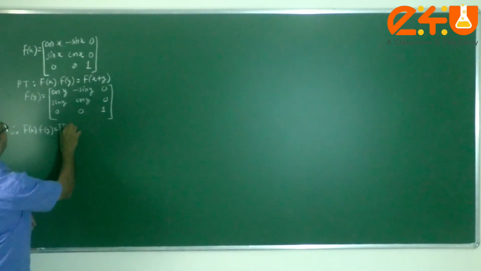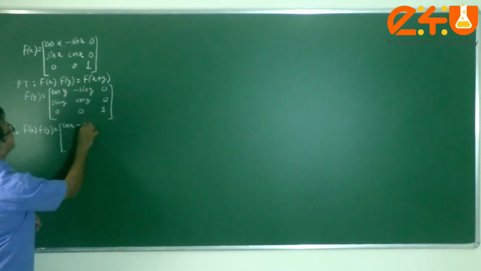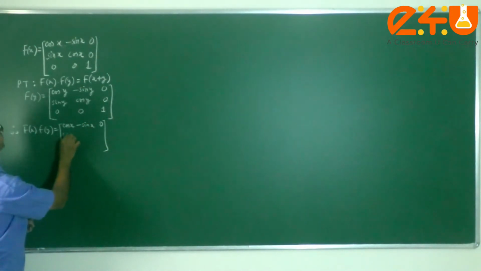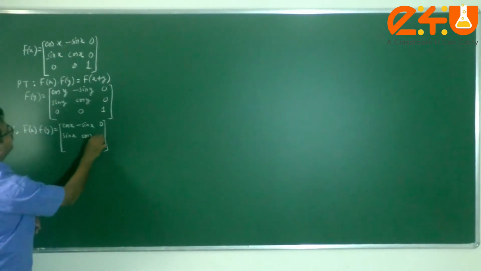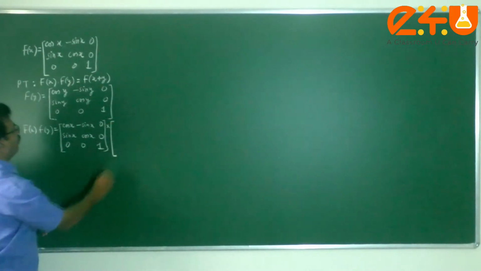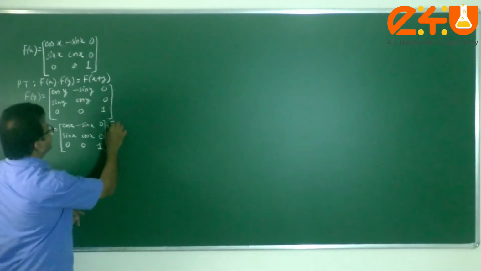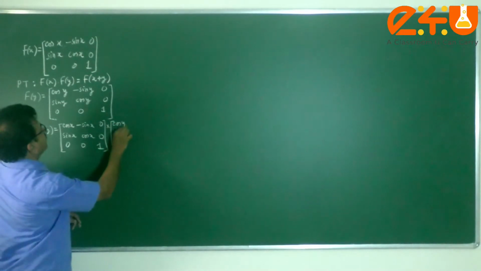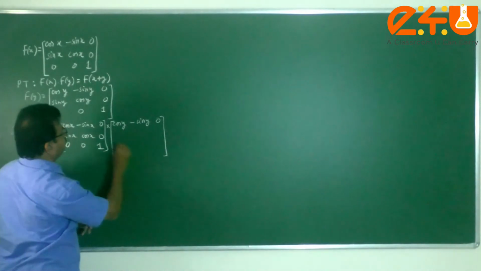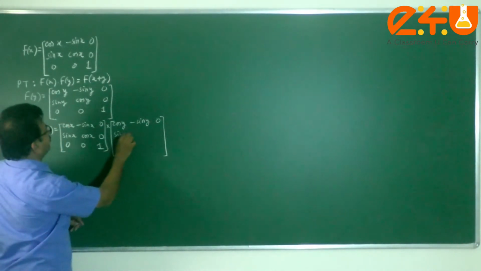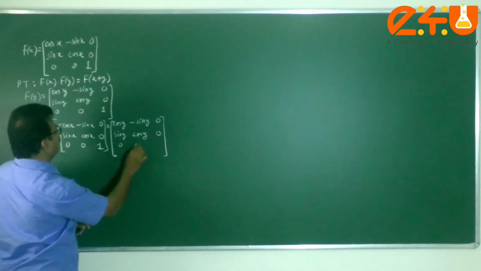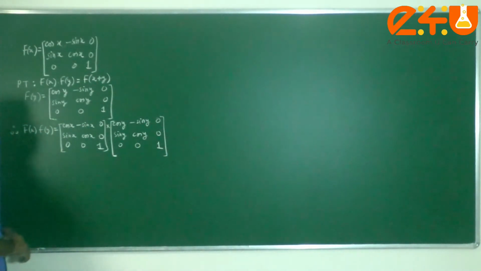Cos x, negative sin x, 0, sin x, cos x, 0, and 0, 0, 1 in the third row. The second matrix, when I write it, is cos y, negative sin y, 0; second row sin y, cos y, 0; followed by 0, 0 and 1.